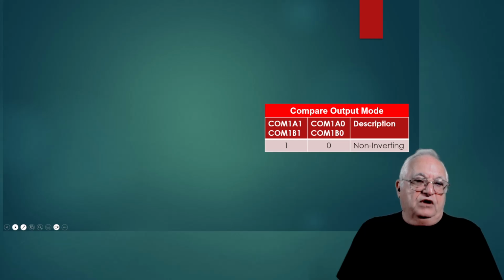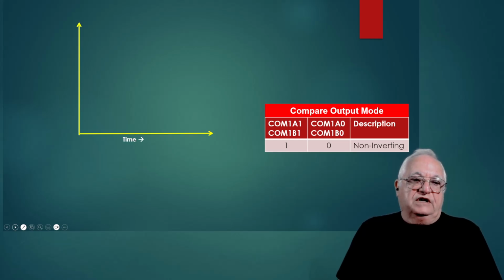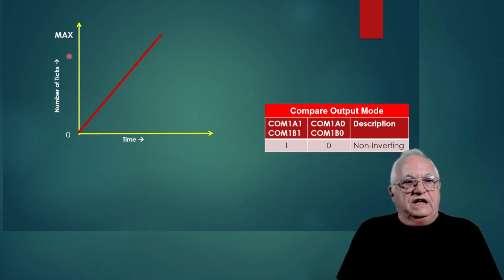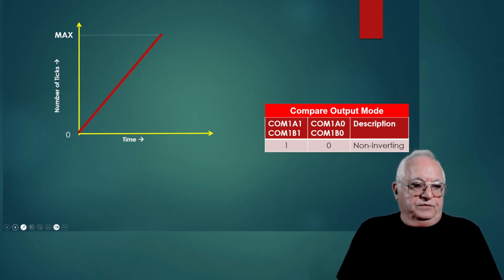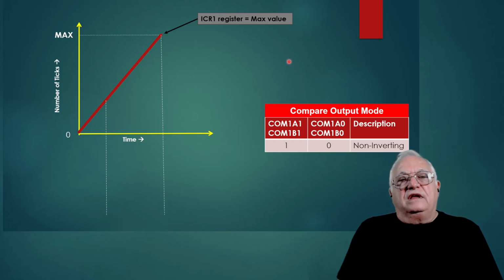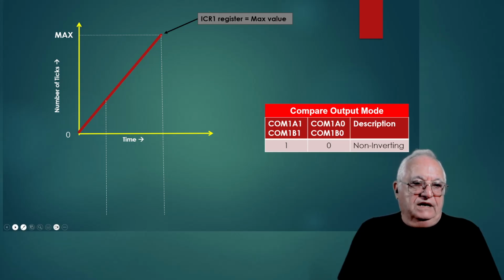Now let me go through some nomenclature so you understand what's been written in the data sheet. So again, we have number of ticks here and time. Now let's draw our other axis, but before we do, the ICR1 register is the max value. Next, let's draw the output from the microcontroller.